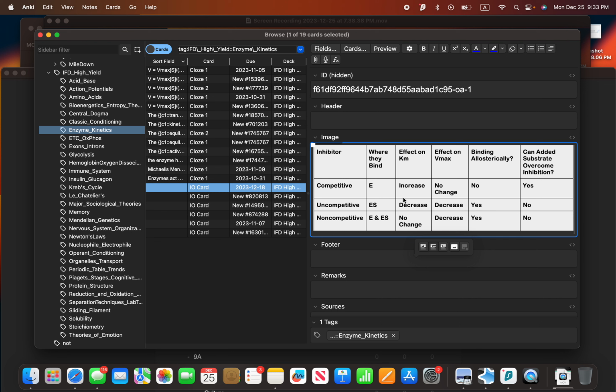That also means that those substrates bind on the enzyme, and then the enzyme substrate complex is affected, which means that you need fewer substrates to bind to the enzymes, right?